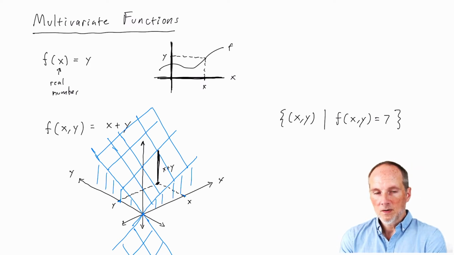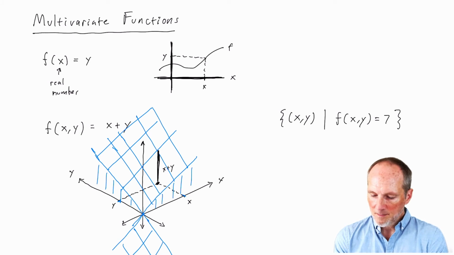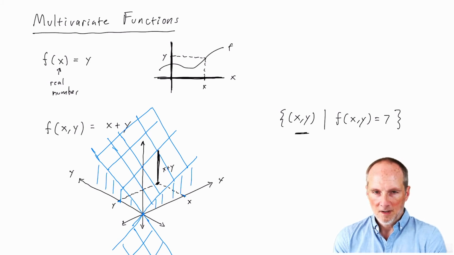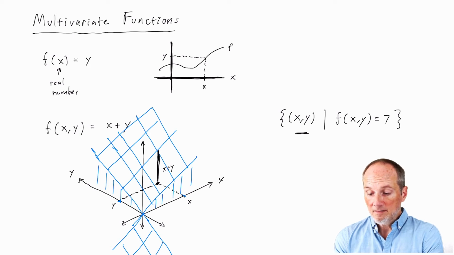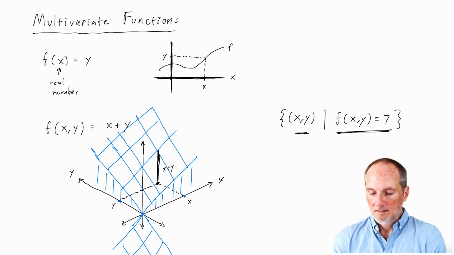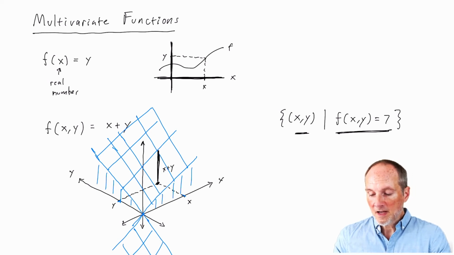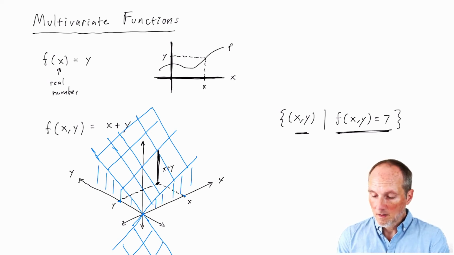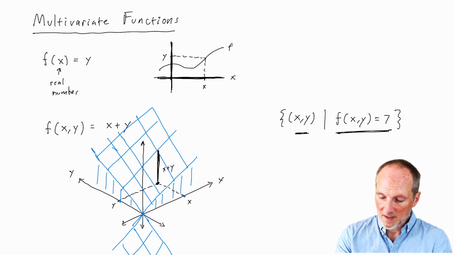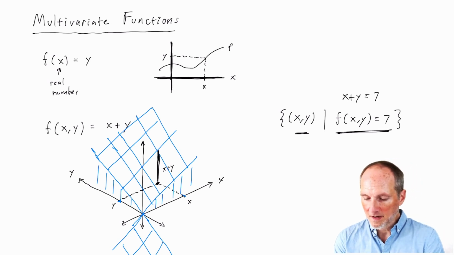Okay, so notice I'm using this curly brace notation again. It's the xy pairs on the Cartesian plane such that they have this property that the function evaluates to 7. Obviously, that's just the same thing as saying x plus y equals 7 because that's how the function is defined.